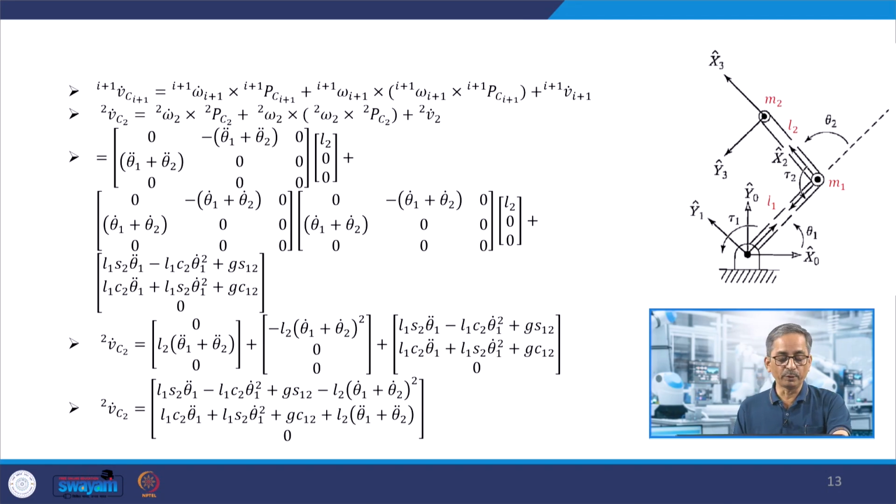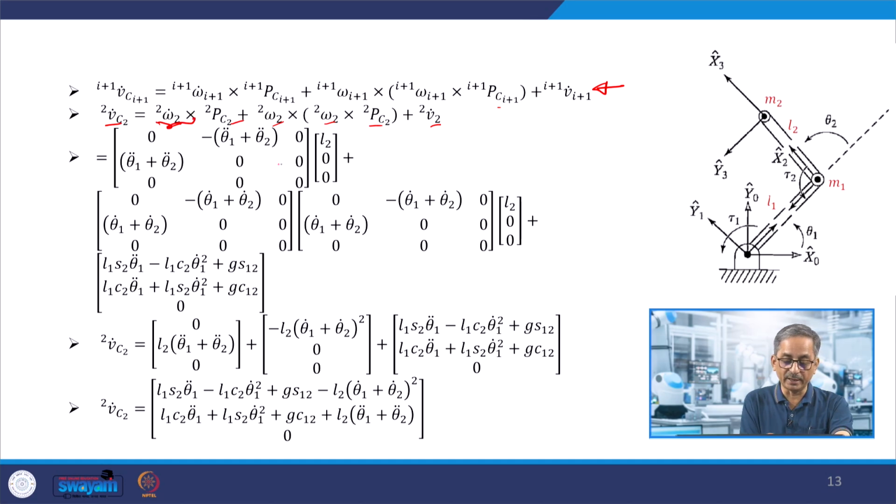Again, now we have to find out the CG acceleration of the second link. And this again I can get using the recursive equation which we have seen. So, here I put i is equal to 1. You have Vc2 derivative, this omega 2 derivative, and this Pc2 derivative, omega 2 cross omega 2 cross Pc2 here, plus V2 derivative here, all expressed in terms of the second frame. Now, we have found out this value.